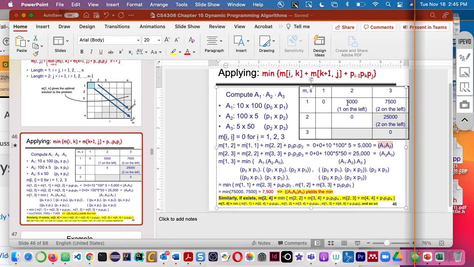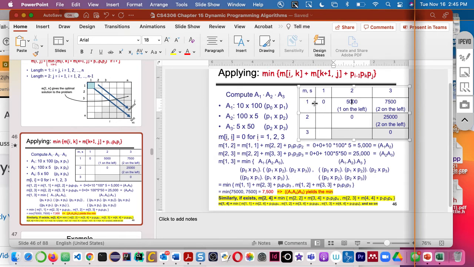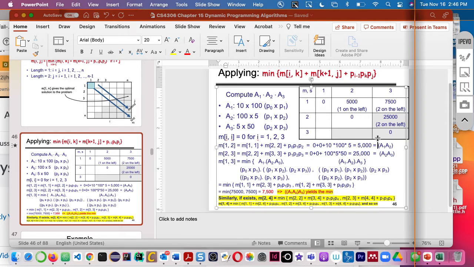So ultimately, whenever we got 5,000, how many matrices did we multiply at this point to get this one? 2 or 3? 2, right? Only A1 and A2. So A1 and A2 gave us this value, and we got the minimum value.